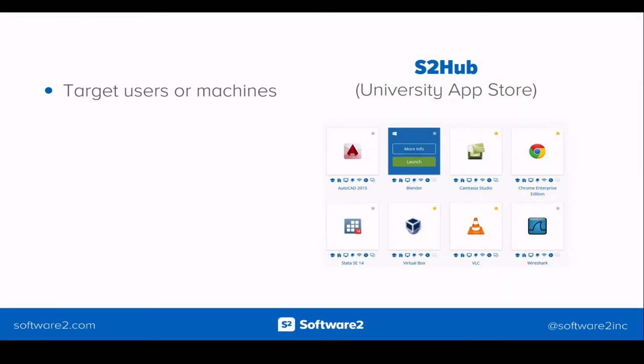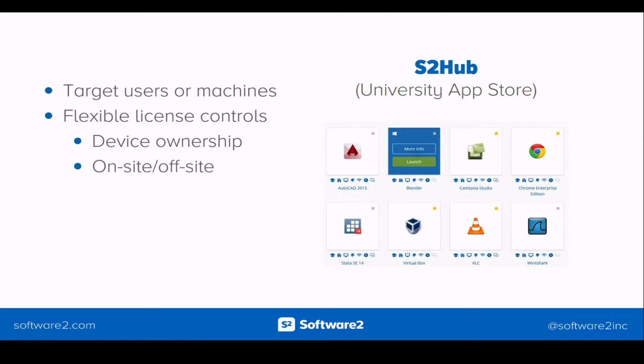But the key difference with the S2 Hub is that we add flexible license controls, and they can be based on things like device ownership. So we could say this application is only available on university computers, but this other application can be used on any device. We can specify whether applications can be used just on the university campus or whether they can also be used off-site.